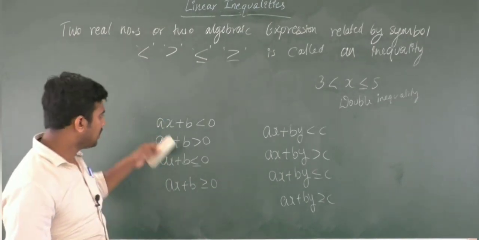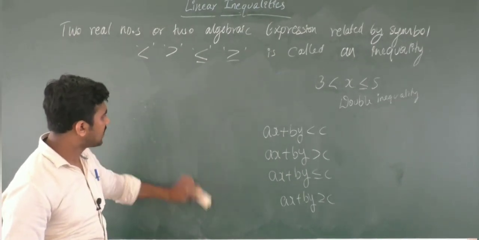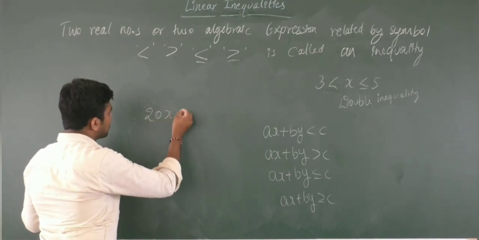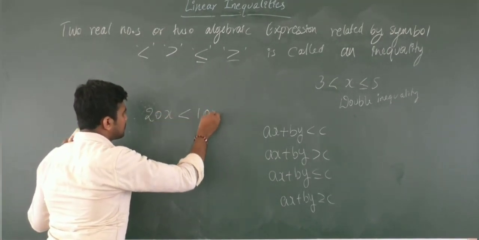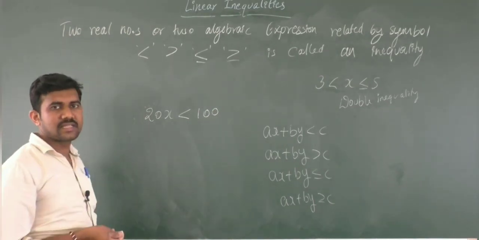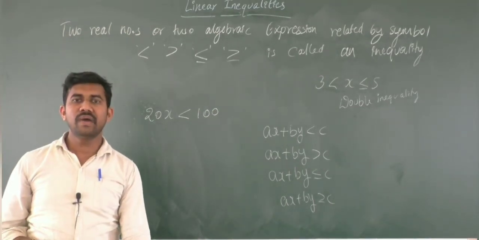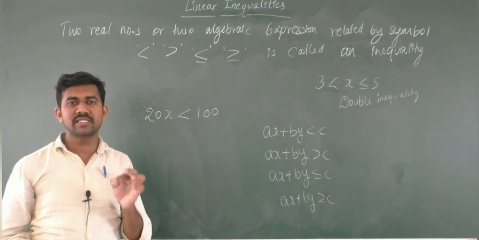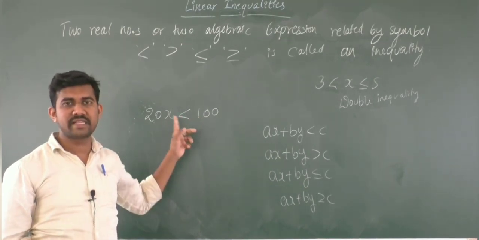For example, consider 20x less than 100. Then what are the values of x? What is the solution of this inequality? We need to find the values of x.